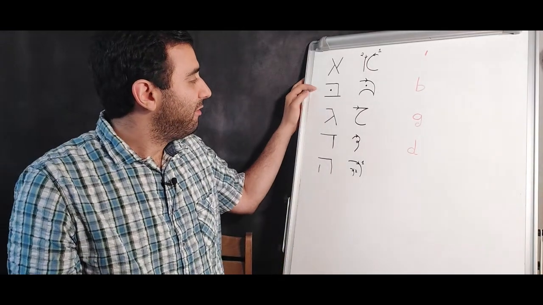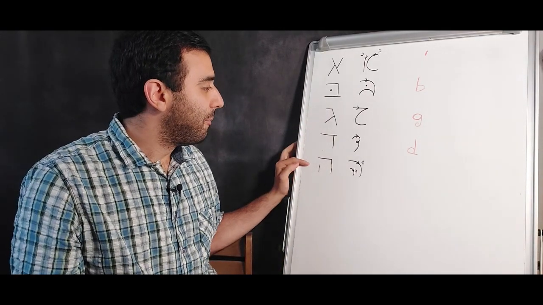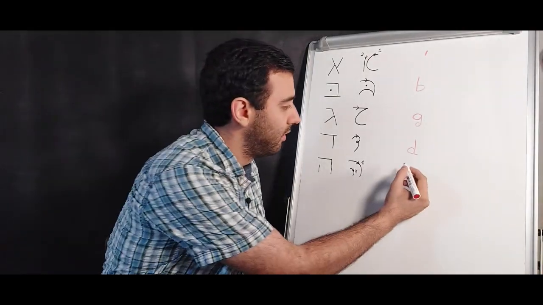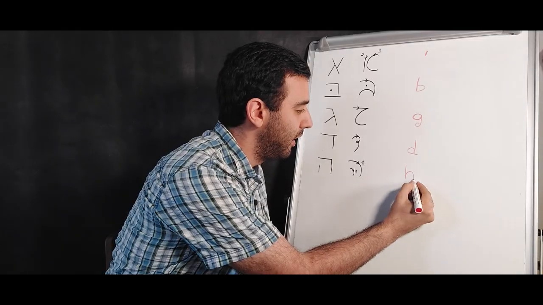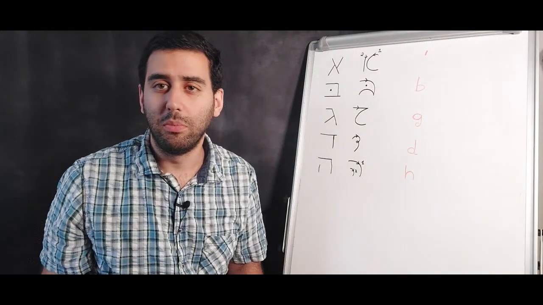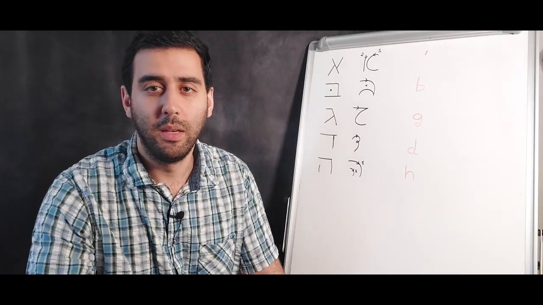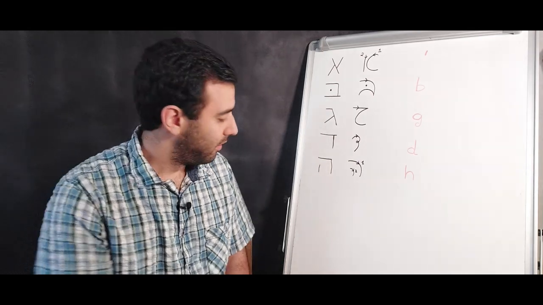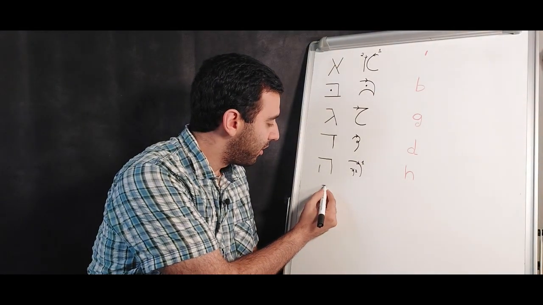So now we have Aleph, Bet, Gimel, Dalet, He. The He is like the English sound, Ha, okay, He. That's also pretty simple, I believe. The next letter is Vav. Vav, okay? Like in "vapor."